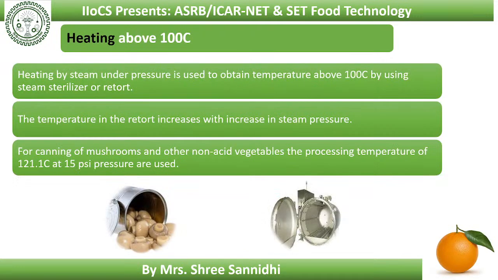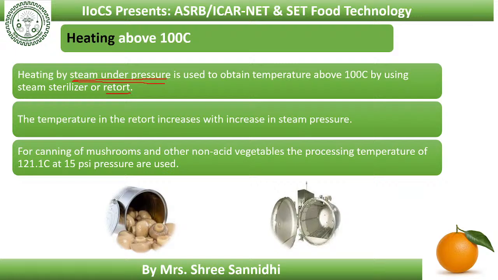The last one is heating above 100 degrees Celsius. Heating by steam under pressure is used to obtain temperature above 100 degrees Celsius by using a steam sterilizer or retort. So in a retort, what do we use? We use steam under pressure.